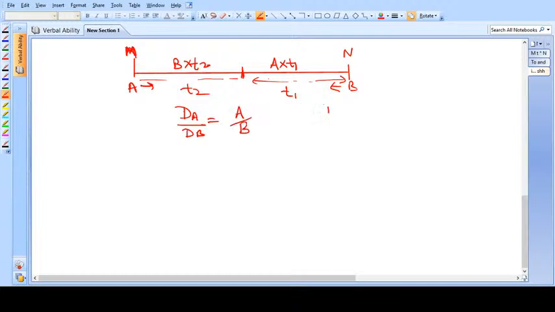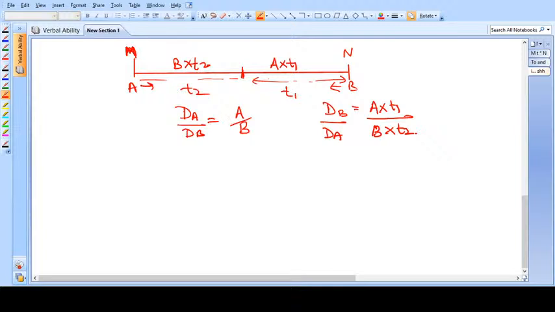And in the second case, distance covered by A can be given as A into T1, and distance covered by B can be given by B into T2, right?